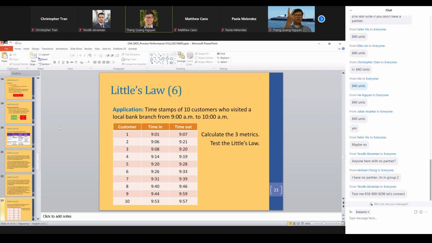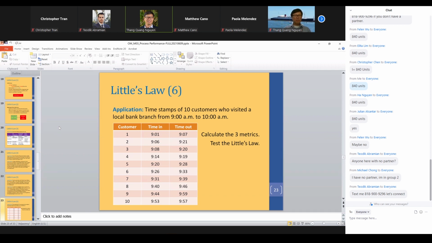And here are the two tasks of the exercise. First of all, we need to manually calculate the three metrics independently, which means that we cannot use Little's Law. We have to calculate the inventory by itself, the flow rate by itself, and the flow time by itself, based on their definitions.